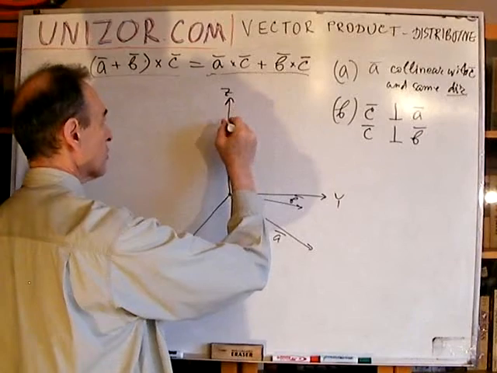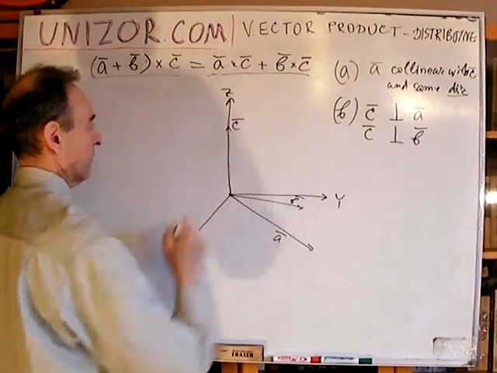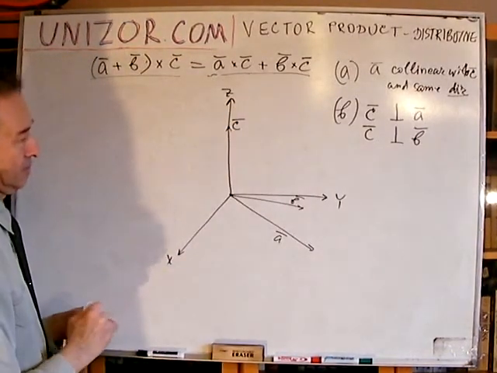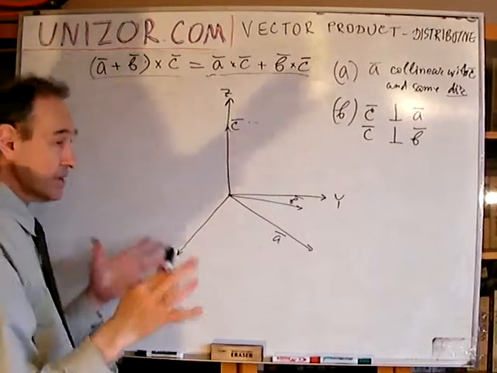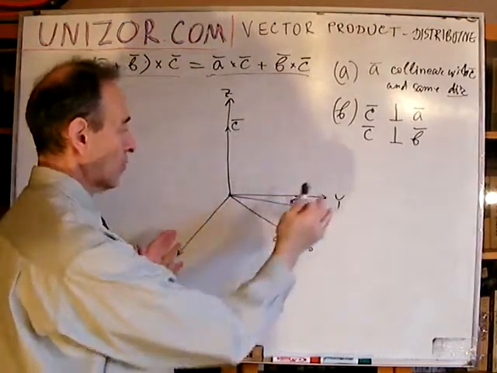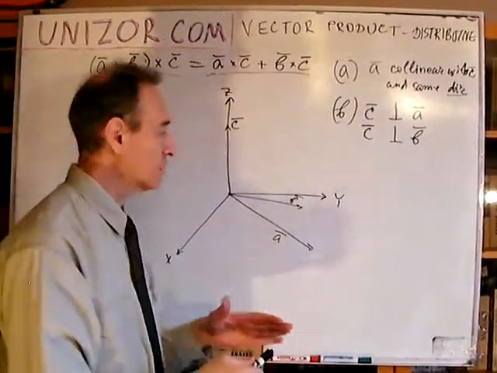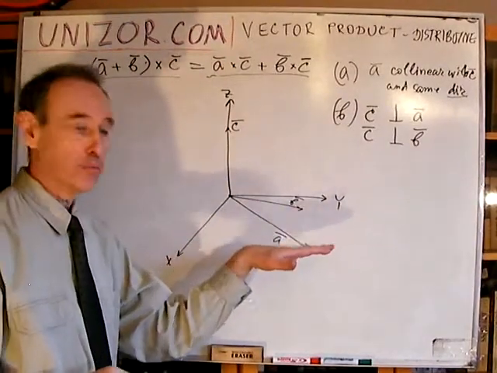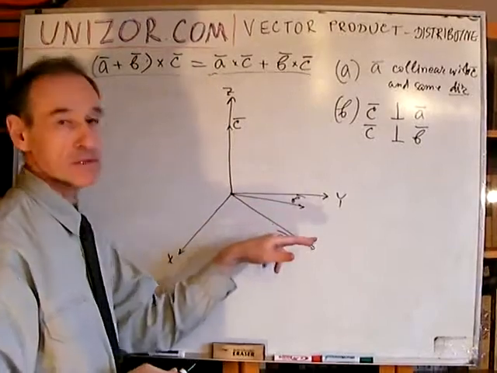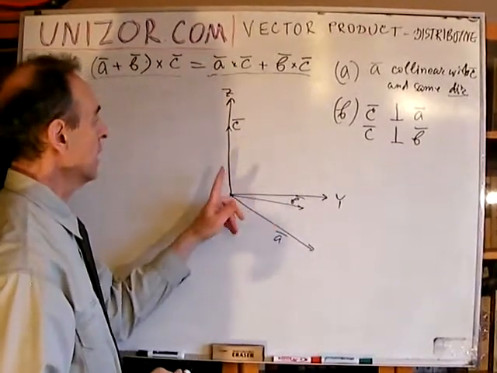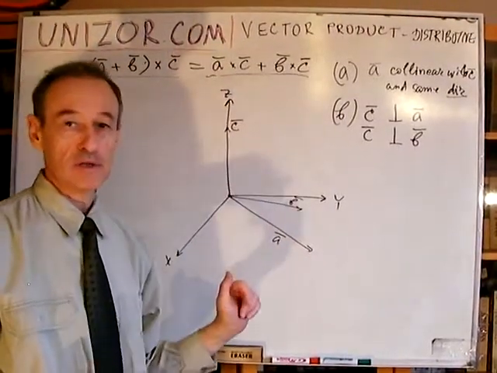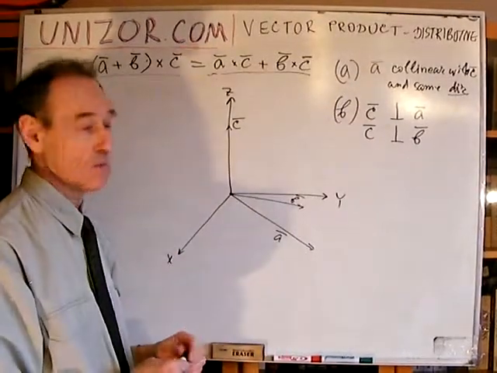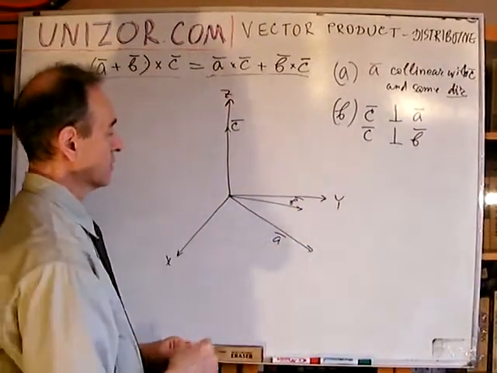So C is perpendicular to this plane. In theory, you can imagine that you have a regular Cartesian system of coordinates, and within the x, y plane, you have these two vectors. They are here on this plane. And C is perpendicular along the z-axis. You can consider it this way, although, again, I don't really need the coordinates right now.